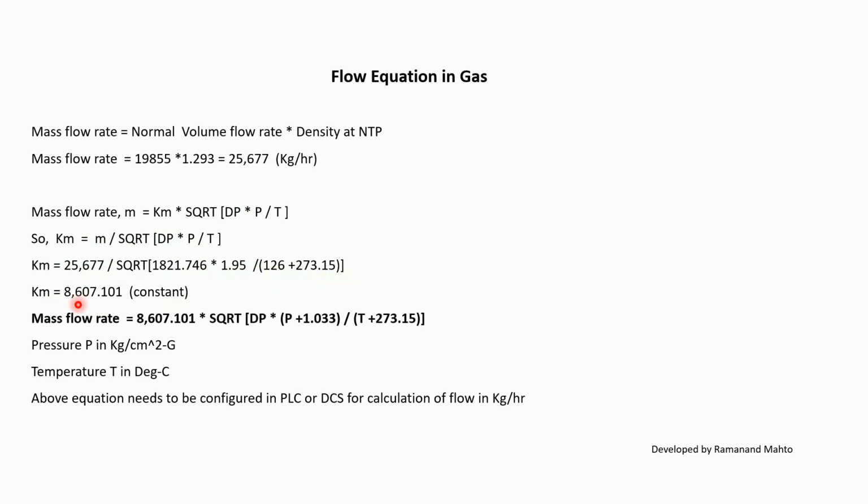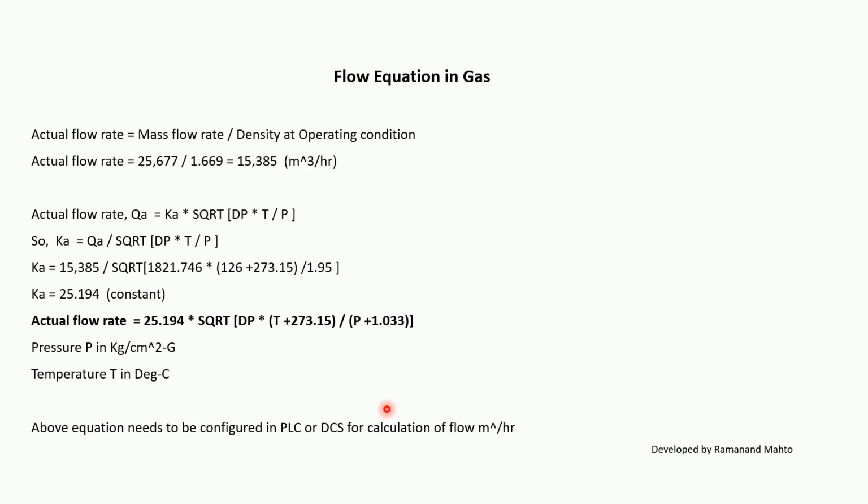So Km is equal to 8607.11 constant. So mass flow rate is 8607.11 into square root of dP into P plus 1.033 upon T plus 273.15. Pressure is in kg per cm square, temperature in degree Celsius. The above equation needs to be configured in PLC or DCS for calculation of flow in kg per hour.